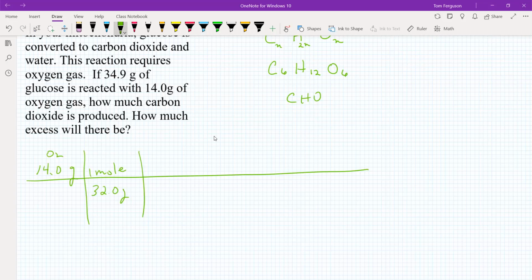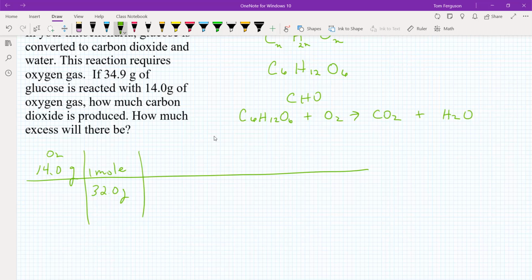The next step is from the equation, so step number one is balance the equation.